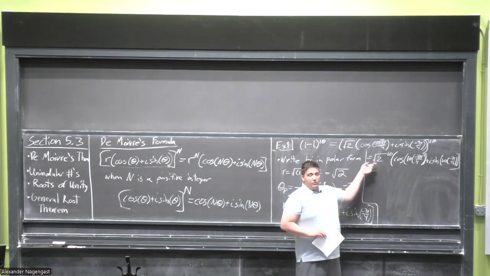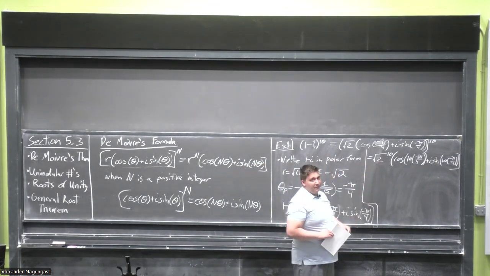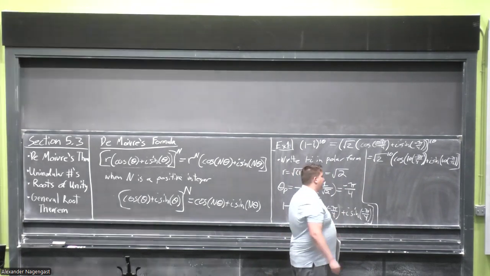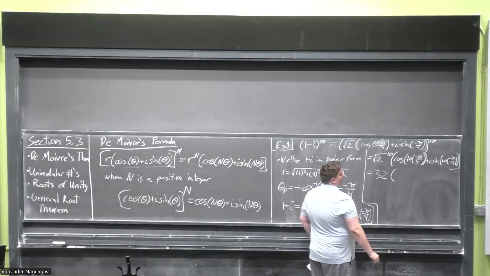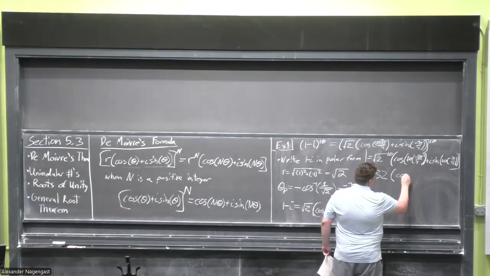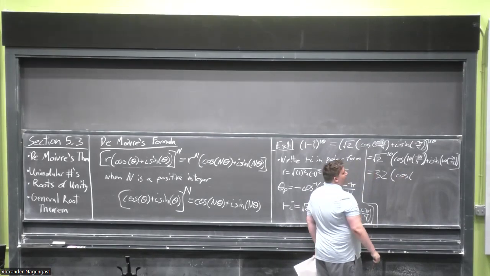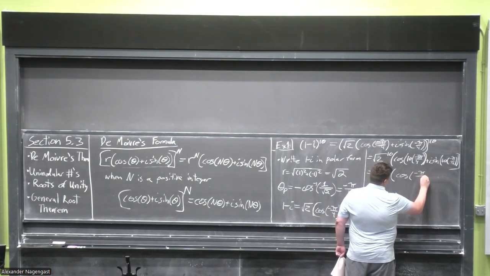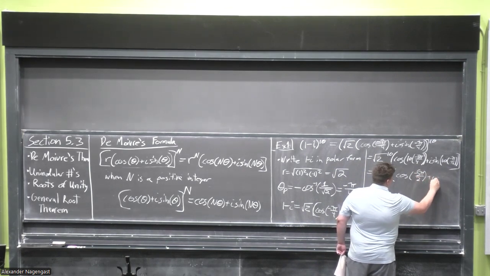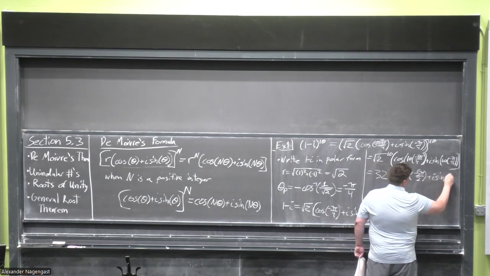So root 2 to the 10th power, that's the same as 2 to the 5th power. So that is 32. For cosine, we can simplify this angle to being negative 5 pi over 2, plus i times sine of negative 5 pi over 2.